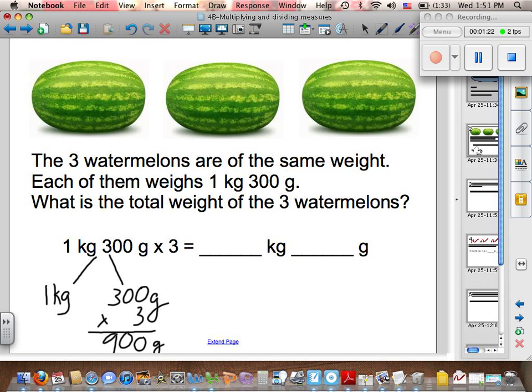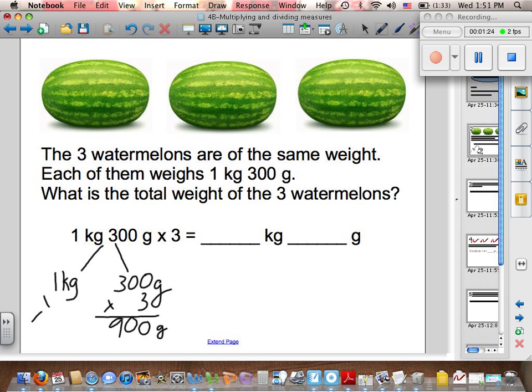And 1 kilogram times 3 equals 3 kilograms. Now, we know that there are 1,000 grams in a kilogram. So we do not have enough grams to make another kilogram, so we'll leave this at 900 grams and 3 kilograms, and that is our answer.